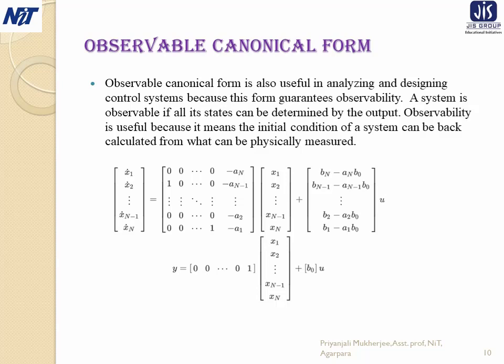So this form is known as the observable canonical form. Here also we can check the general form of the transfer function, compare the coefficients of the numerator and denominator, then put them in this form to find the observable canonical form.